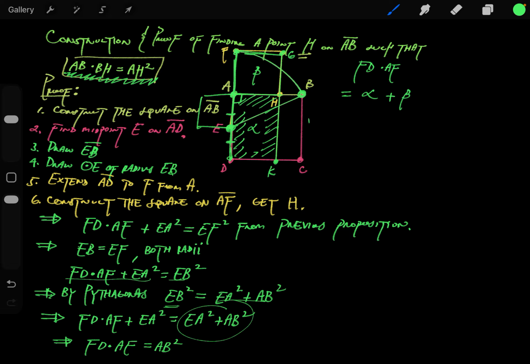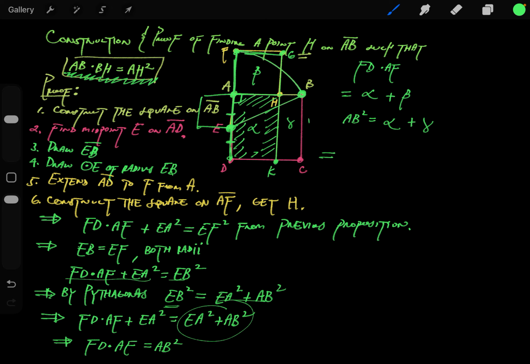FD is this times this rectangle. And then AB squared is equal to alpha plus this piece, let's call this piece gamma.